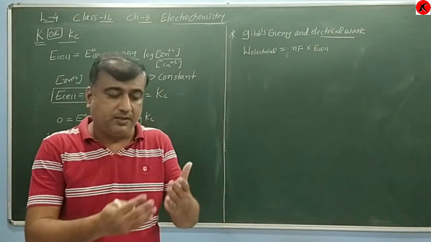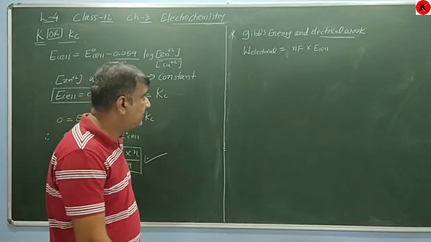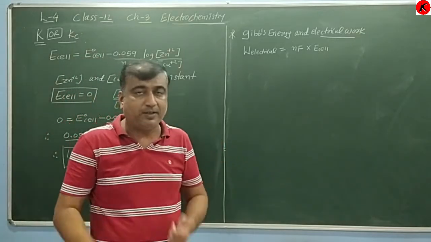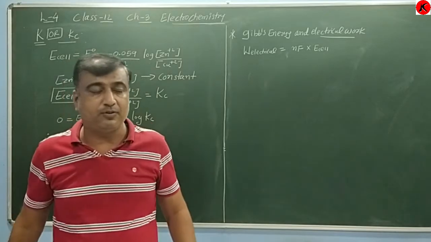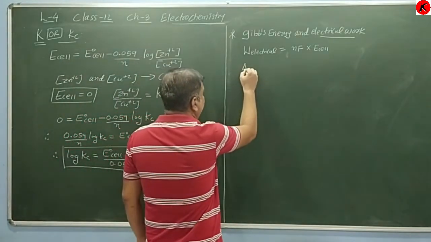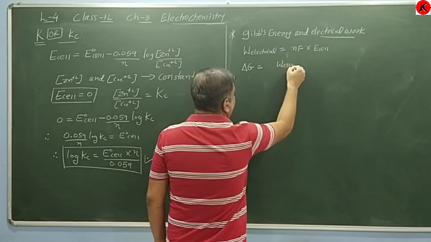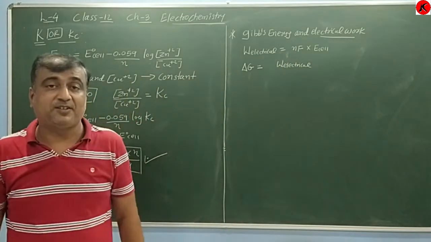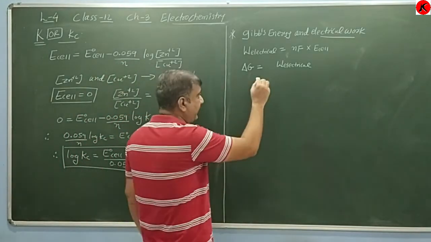Now, the reaction is spontaneous in the electrochemical cell. That means the maximum work which is obtained in the electrochemical cell is equal to the change in Gibbs energy. That means delta G equal to W electrical. But we know very well the reaction is spontaneous, that means delta G will be negative.